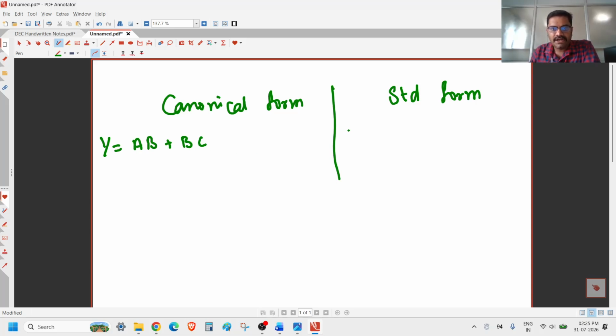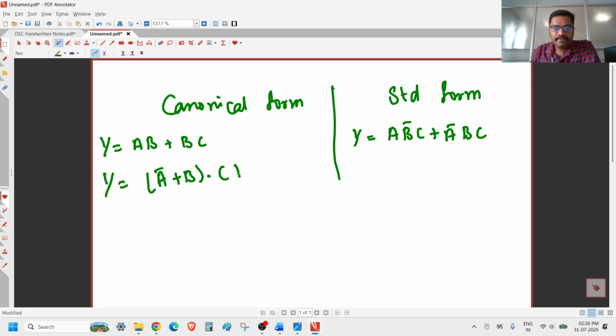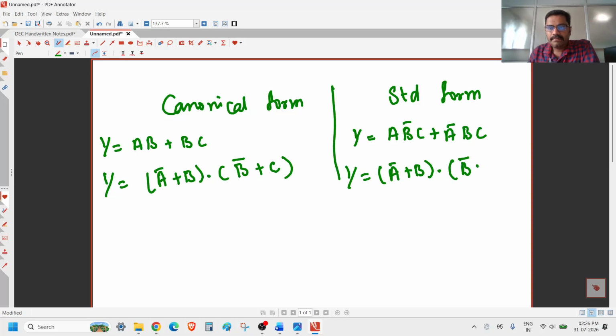But here it will be like this, that is y is equal to a b bar c plus a bar b c. Likewise, we'll write the POS terms, that is y is equal to a bar plus b into b bar plus c.